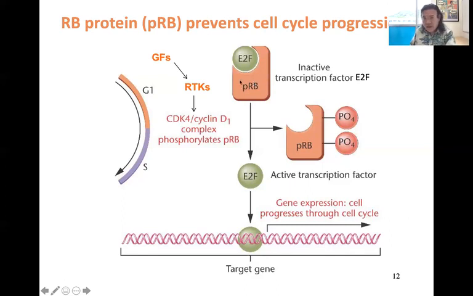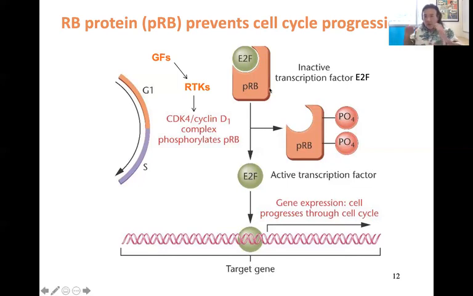So you can see here, the PRB, the protein product of the RB gene, is a protein that sequesters or hangs onto the E2F transcription factors, keeping them out of the nucleus, keeping them from turning on those cell proliferation genes.